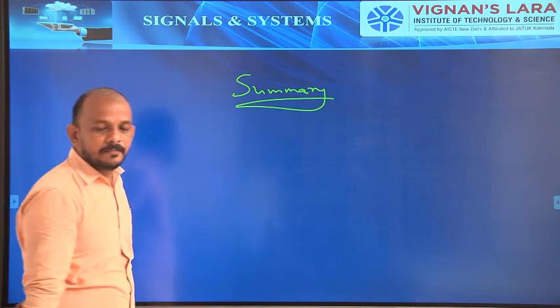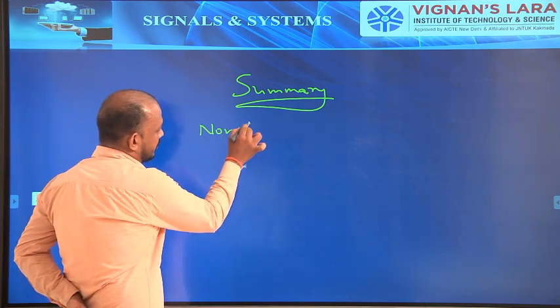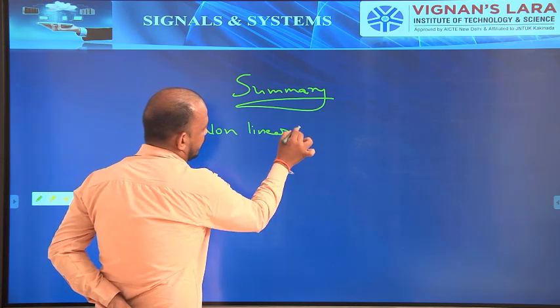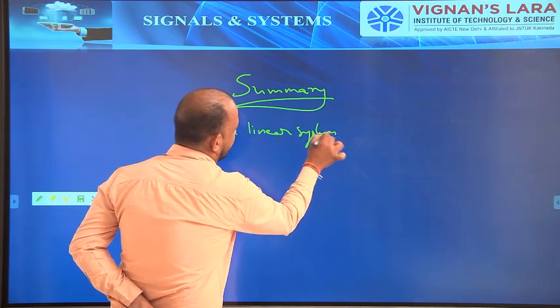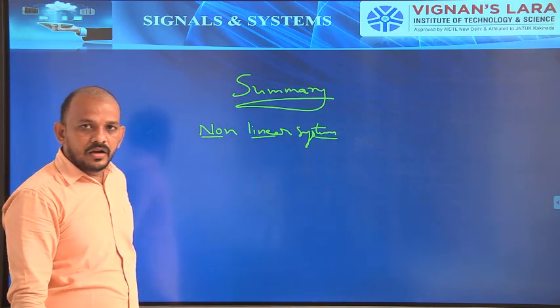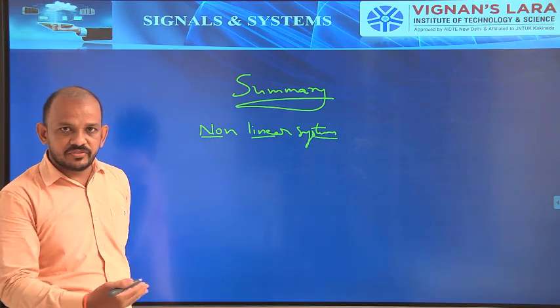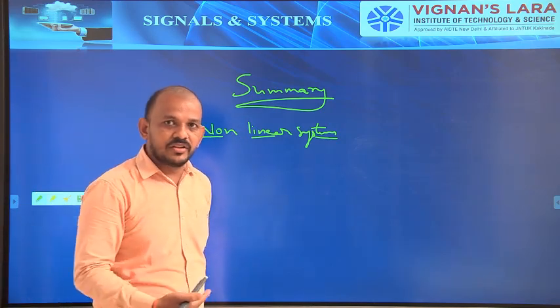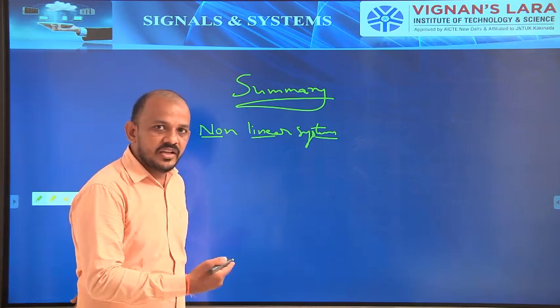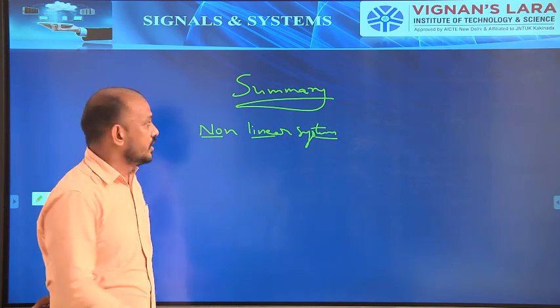So in this class, what did I explain? I explained starting with non-linear systems: what is a non-linear system and how we find out whether the system is non-linear, what is the procedure and what are the equations. Which conditions or principles it has to satisfy, or does not satisfy, to be non-linear.